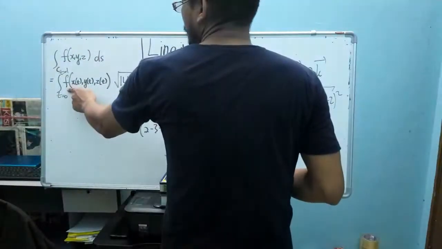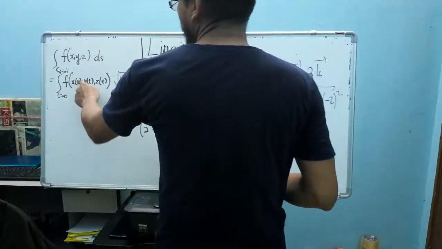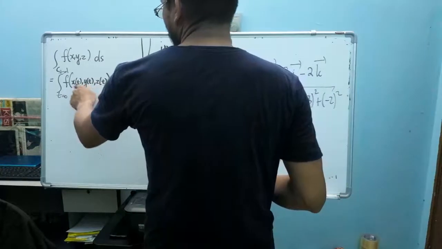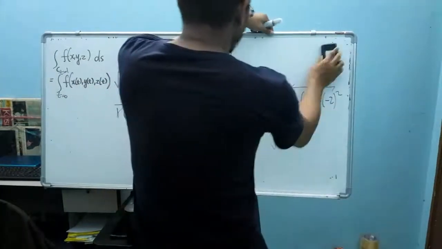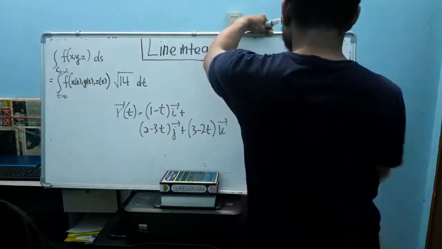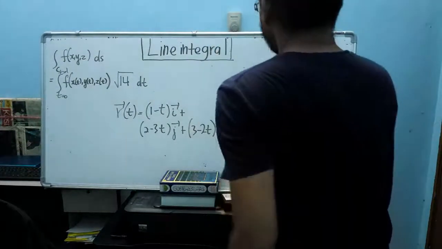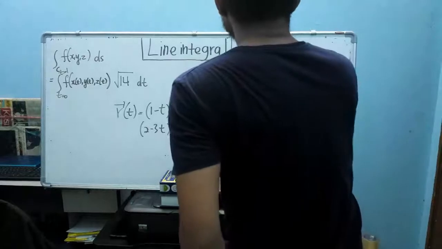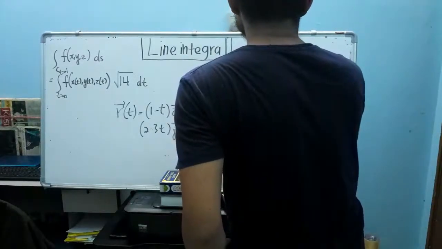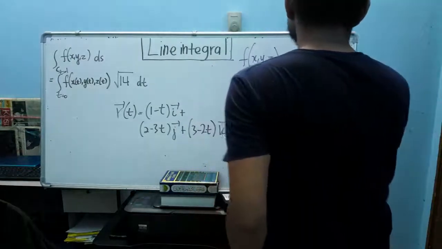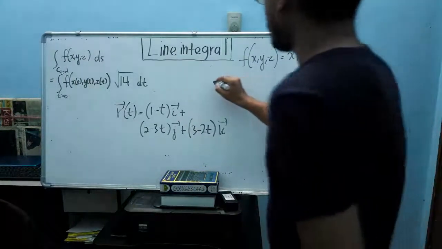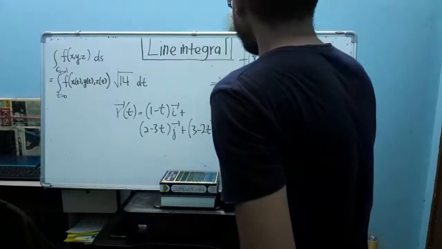Now we need to find this part. What is f(x(t), y(t), z(t))? From here, my f(x, y, z) is equal to x plus y plus z. So what is my xt?